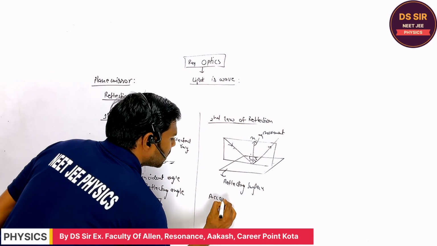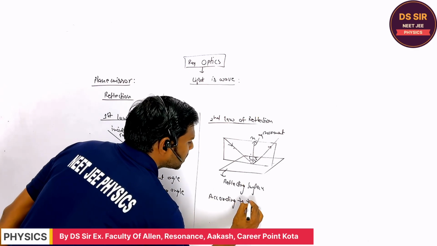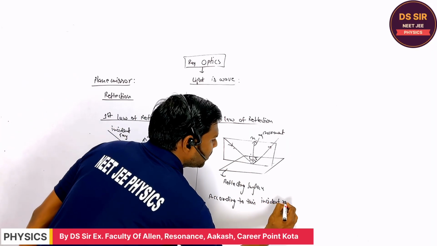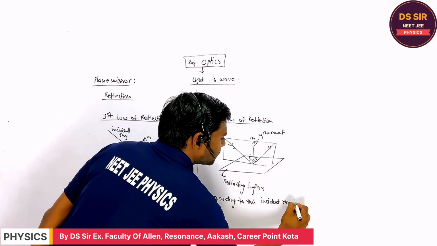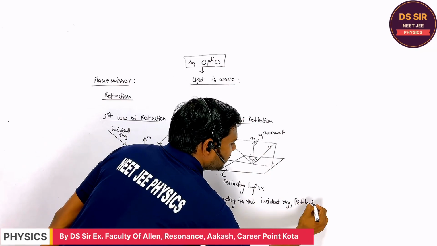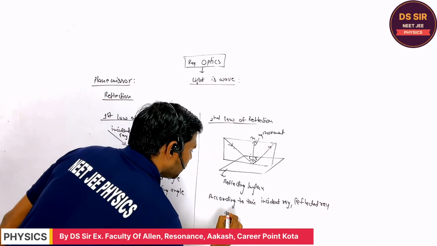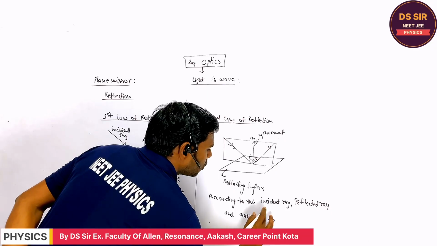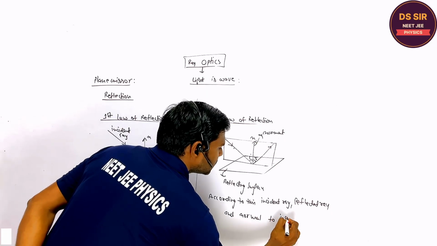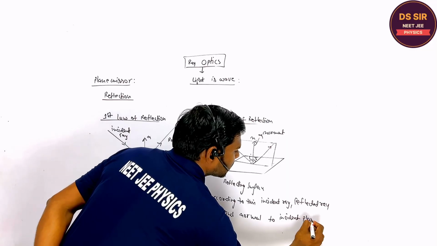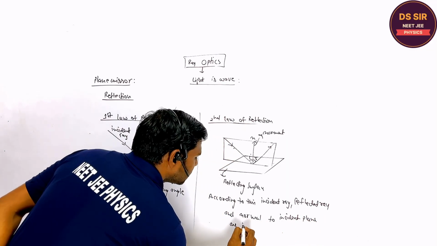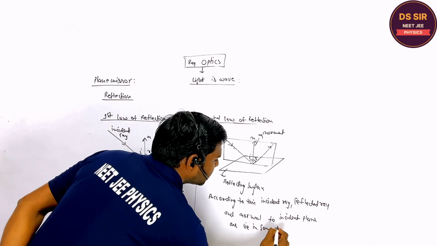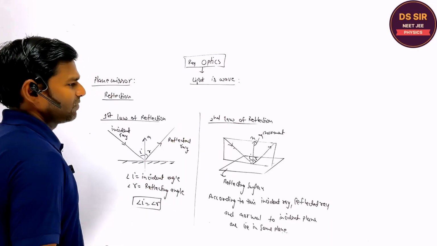The incident ray, reflected ray, and normal to the incident plane lie in the same plane, right?